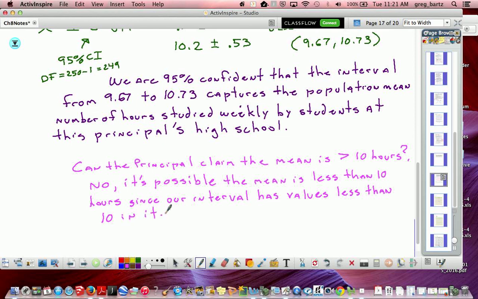We would feel confident in the principal's claim if all of these values were greater than 10. But we could say with at least 95% confidence that the interval is going to be somewhere in between here, which has values that are less than 10.